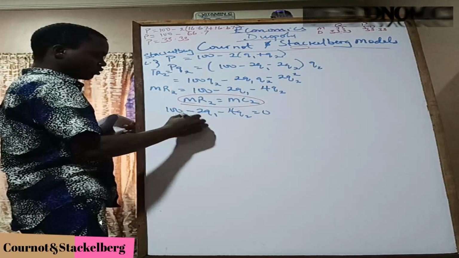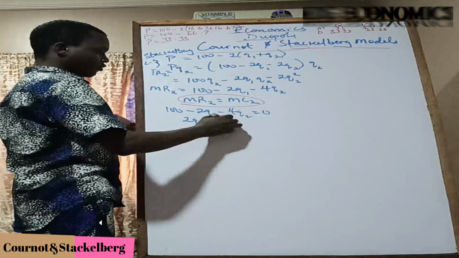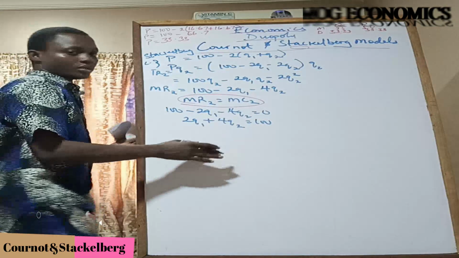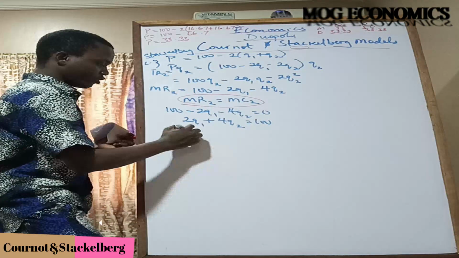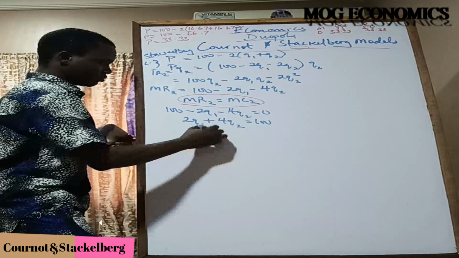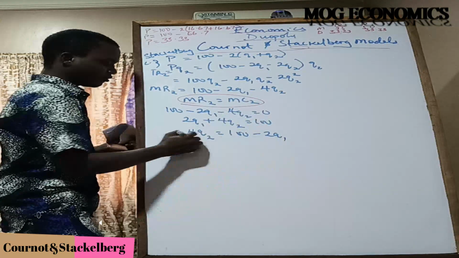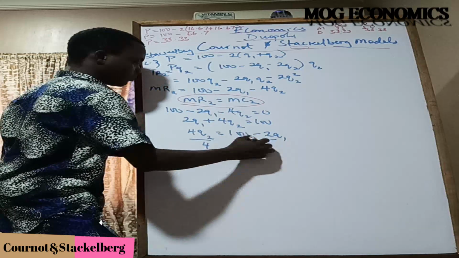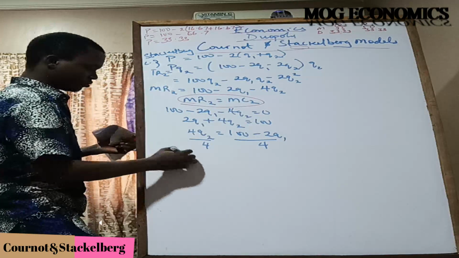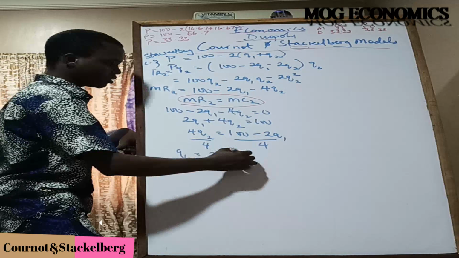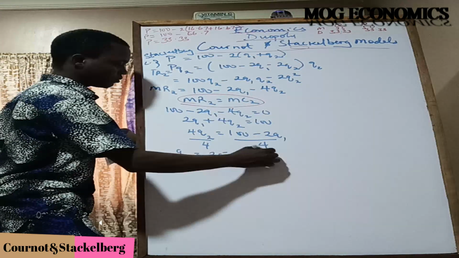From here, 2q1 plus 4q2 equals 100. We are going to make q2 the subject. So 4q2 equals 100 minus 2q1. Divide both sides by 4. So q2 equals 100 divided by 4, which is 25, minus 0.5q1.